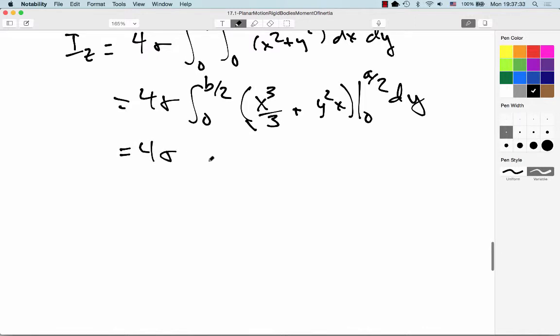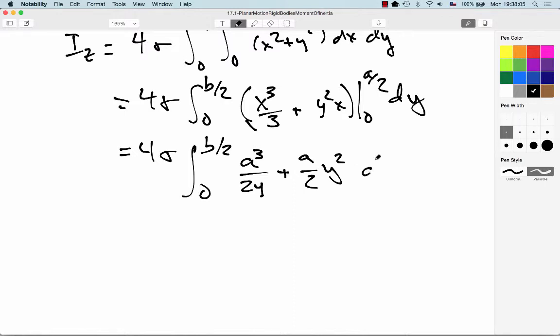So 4 sigma. This is going to become, let's see, a cubed over 8 divided by 3, which gives me a cubed over 24. So integral 0 to b over 2 of a cubed over 24 plus a over 2 y squared dy.